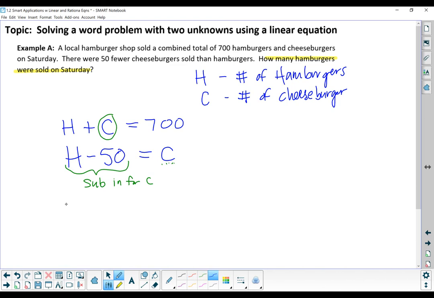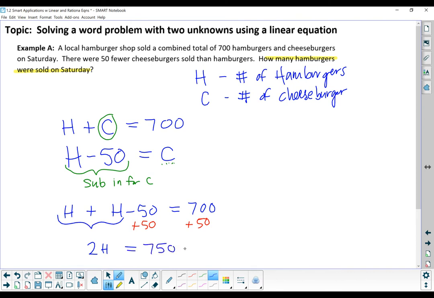So that gives me the equation H plus H minus 50 is equal to 700. So to solve that, I can add the 50. So now I have 2H, I just combined those together, is equal to 750. So if we divide, we find that the number of hamburgers is 375.